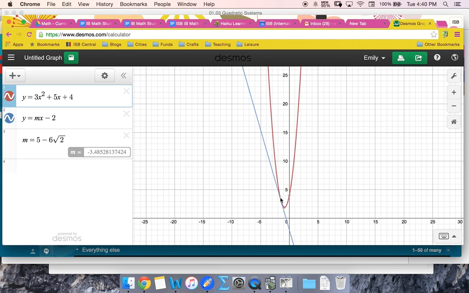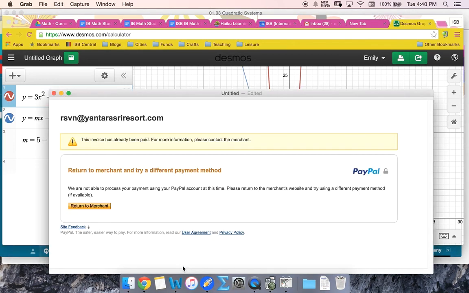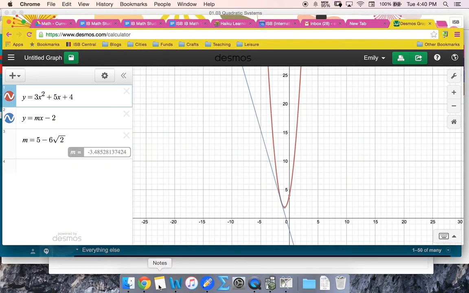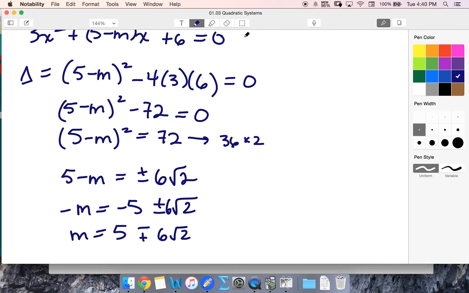So super interesting how this looks. And somewhere there should be my point of intersection. I don't quite see it. So that's great. There we go. 2 solutions. And that's our part A example 2 notes.